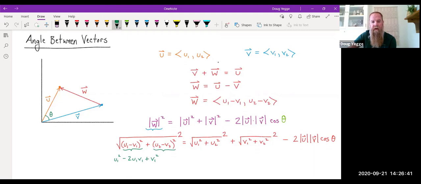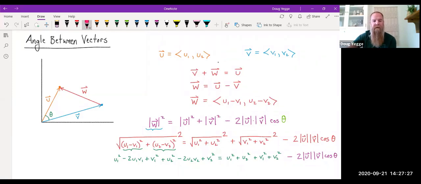And then we'll expand this quantity, which gives me plus u2 squared minus 2u2 v2 plus v2 squared. And notice that on the other side, if I square each of those square roots, those quantities just cancel. So we're left with u1 squared plus u2 squared plus v1 squared plus v2 squared. And we're still left with this minus 2 times the magnitude of u times the magnitude of v times cosine of theta.